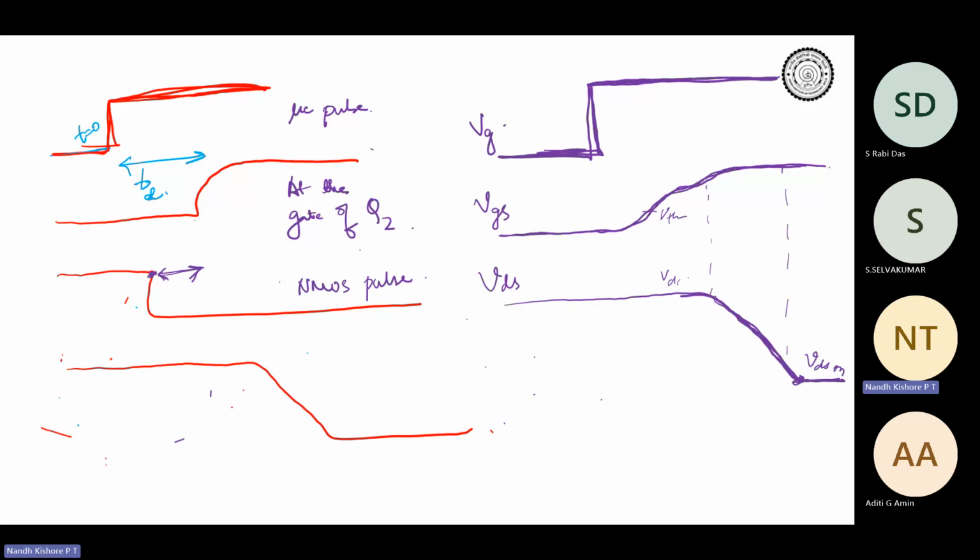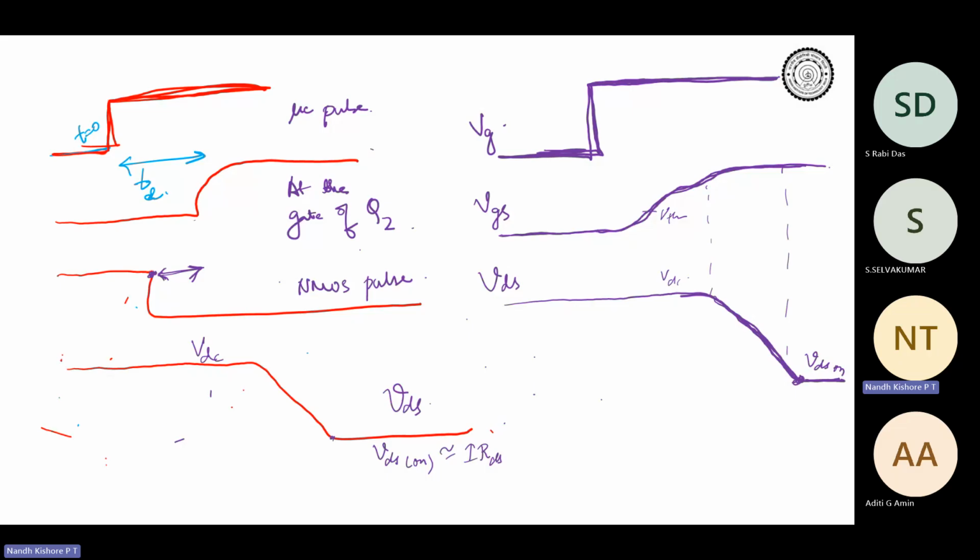This is my VDS. It was initially VDC and it falls to VDS on, or a low voltage near zero, or I can call this I into RDS on. So your VDS is going to fall from VDC to almost zero over here.